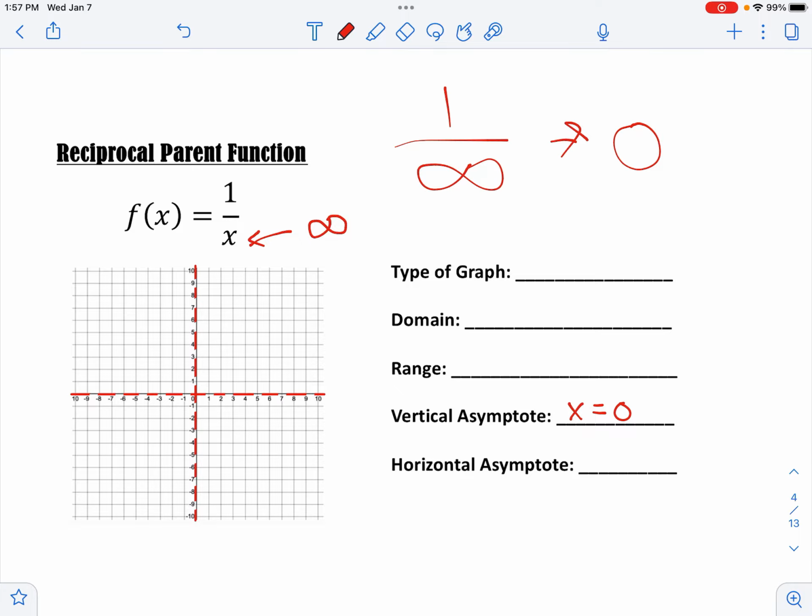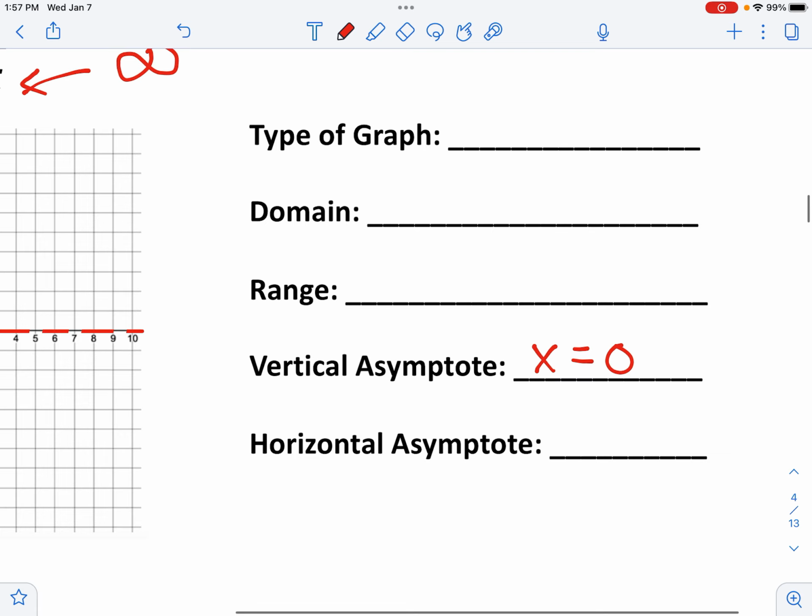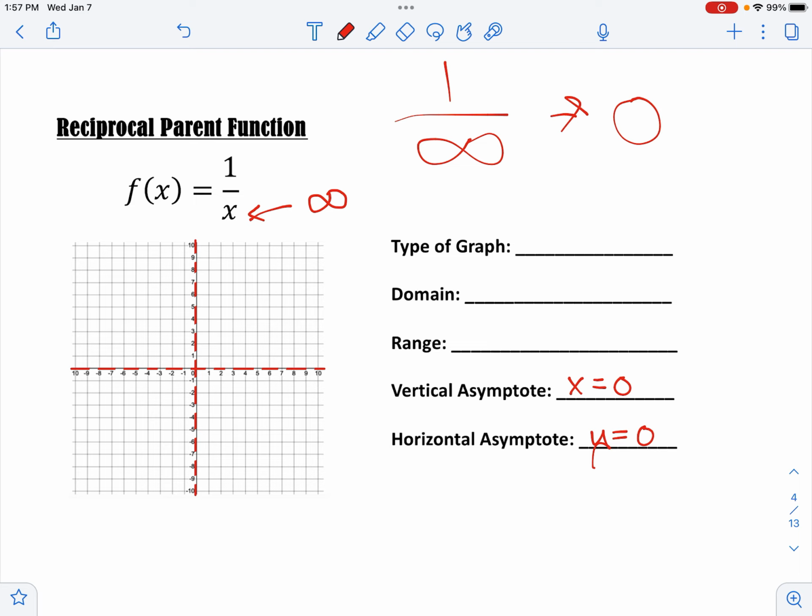So I could never actually reach 0 for my output. So I also have a y equals 0 horizontal asymptote. Okay. So hopefully that kind of makes some sense, at least, as to why. If not, we'll talk more about it. That's okay.